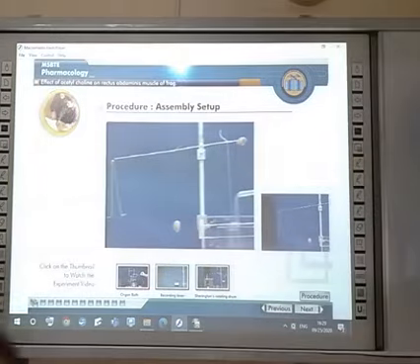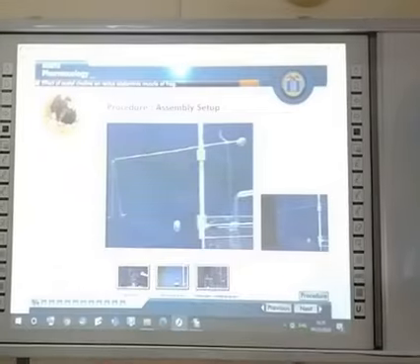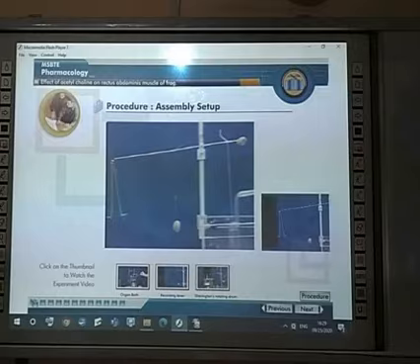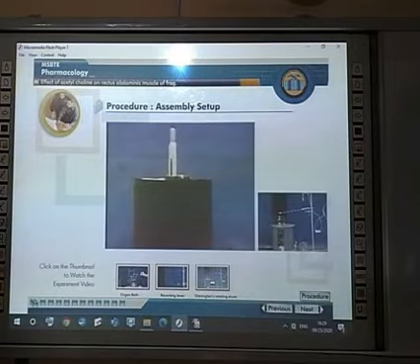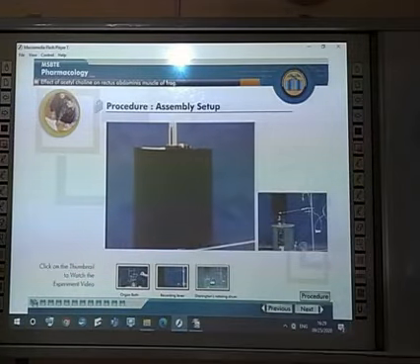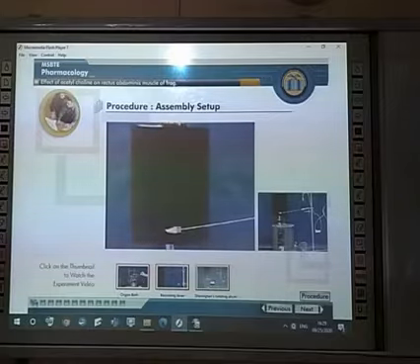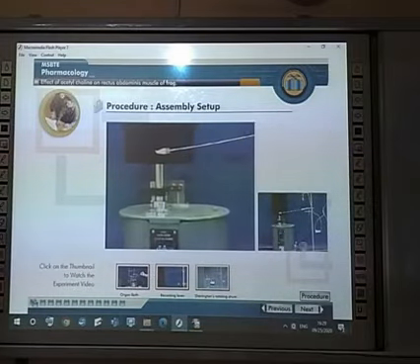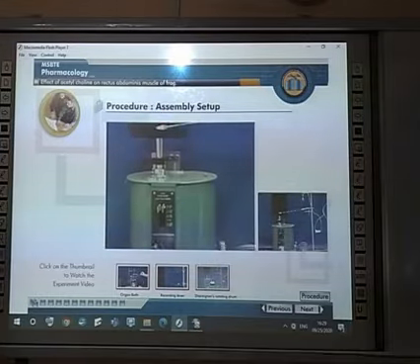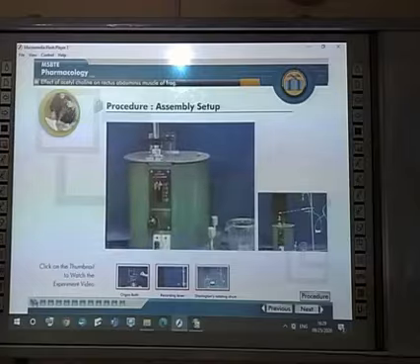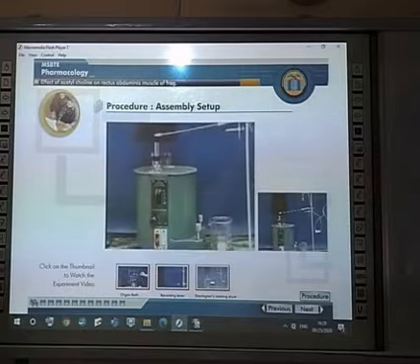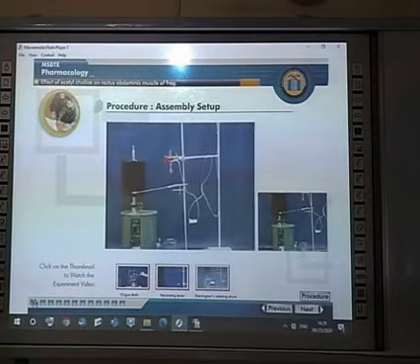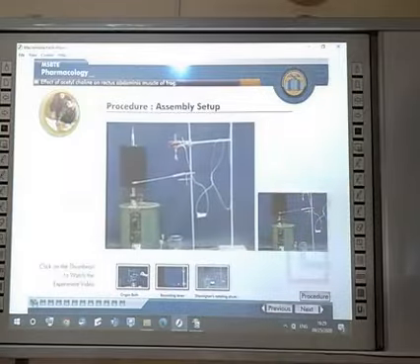Then you will see the video of Sherrington's rotating drum. It is also known as a kymograph. It consists of a circular drum, speed regulating gear, a shaft to which the drum is connected, and a main on or off switch.